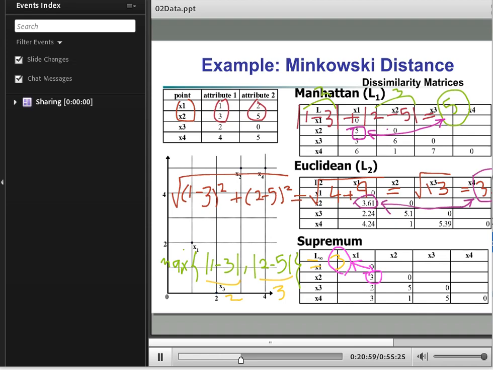Please give me feedback. Should I calculate distance between two more data points? Yes or no? Or is it enough? Can you hear my voice?